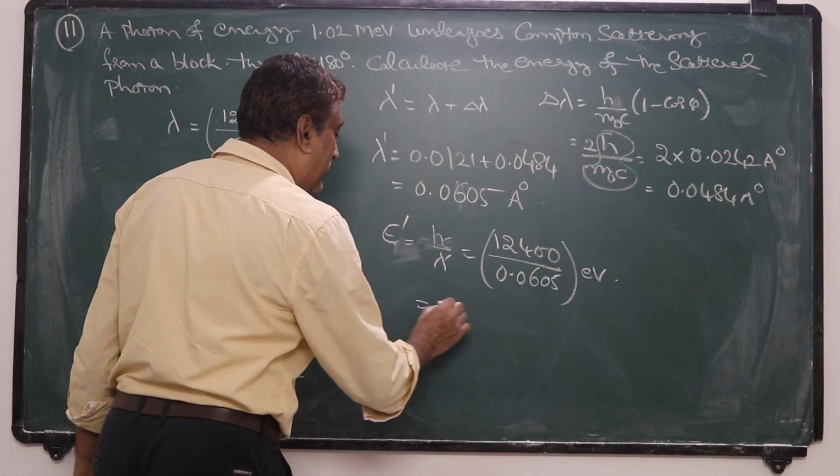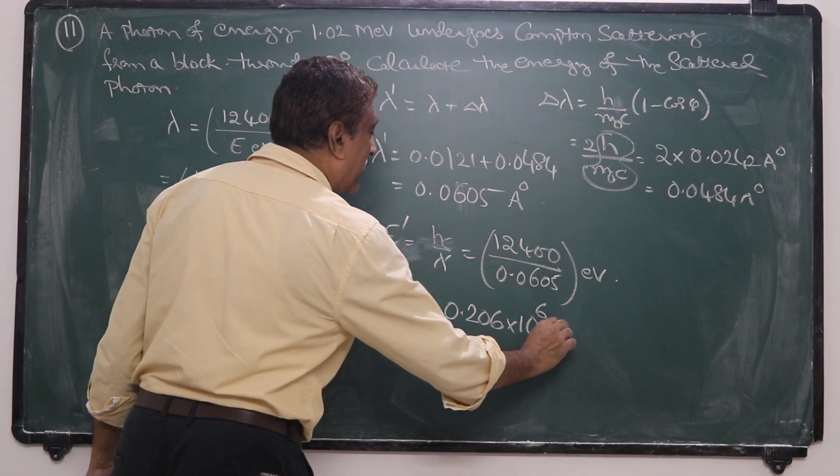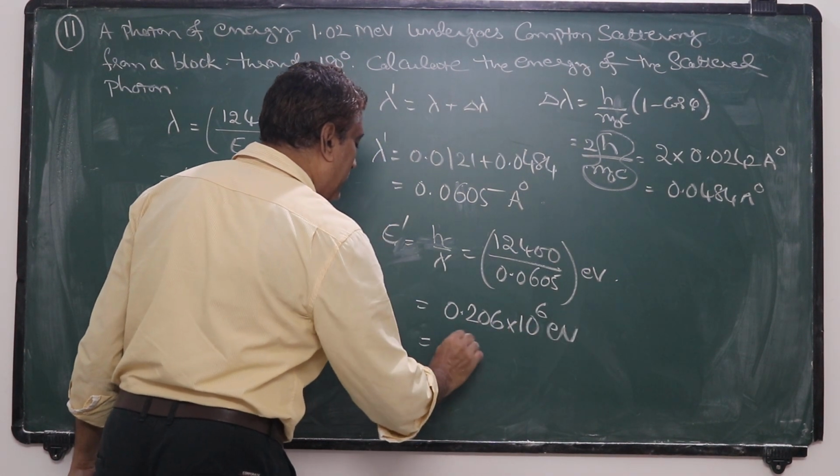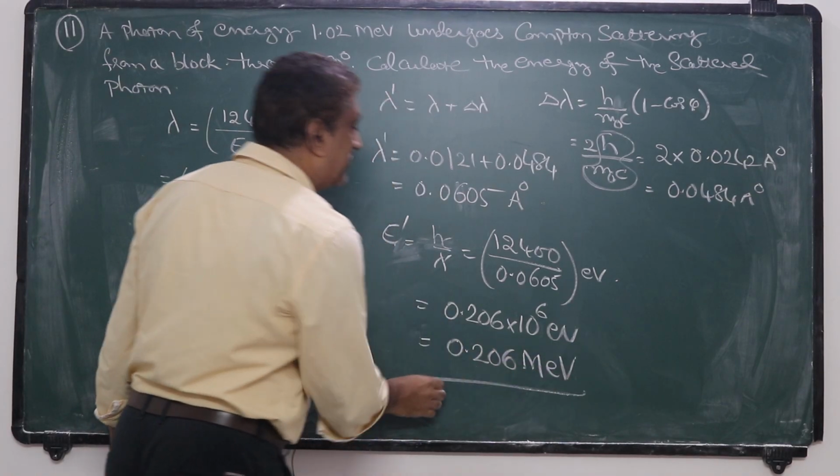Calculating this we get 0.206 into 10 power 6 electron volt, and that is 0.206 mega electron volt.